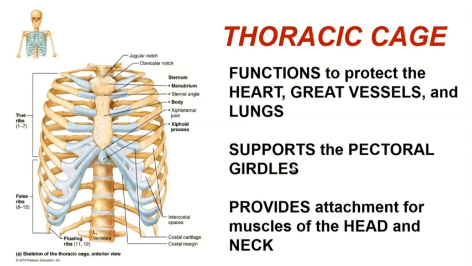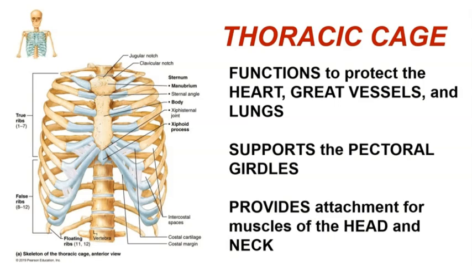These are the clavicle and scapula bones that are going to be uniting the upper limbs with the axial skeleton. And so the thoracic cage provides support for those. And it also provides attachment for muscles of the head and the neck as well.